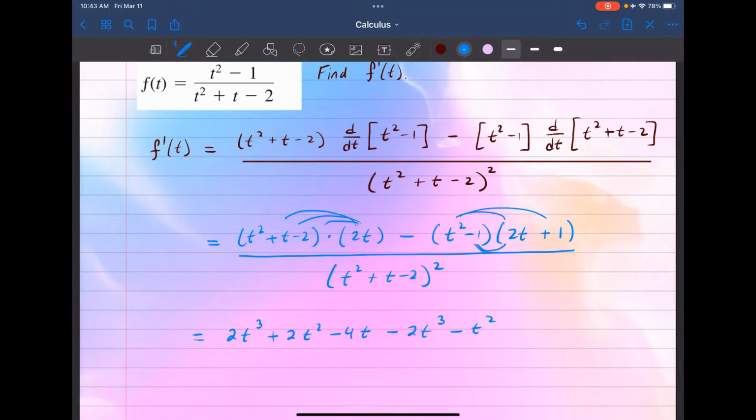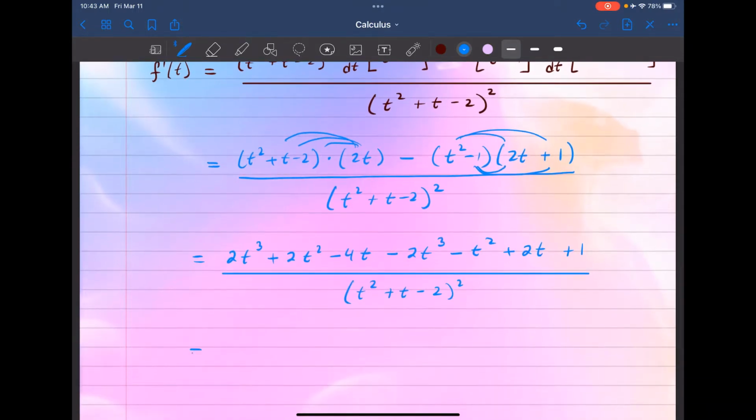Then we distribute the negative sign in front to everything. That's positive 2t. And then negative 1 times negative 1, that's positive 1. All over the bottom function squared. That's t squared plus t minus 2, squared.